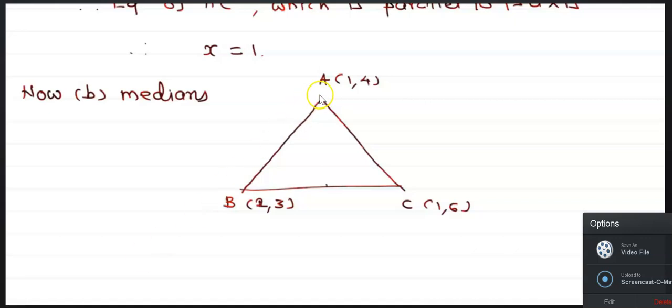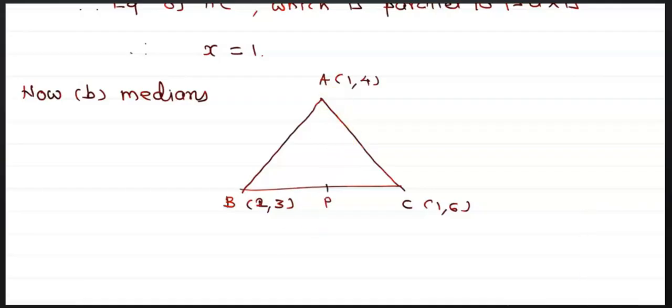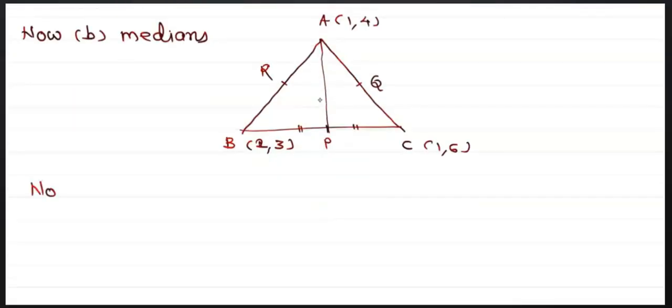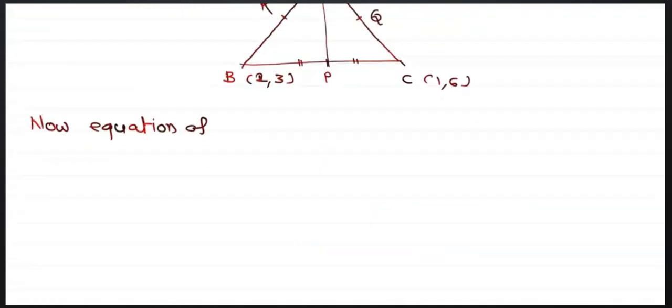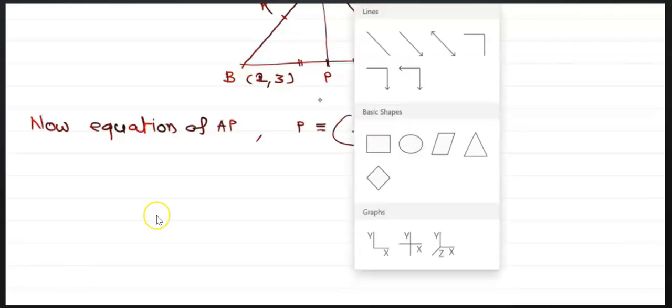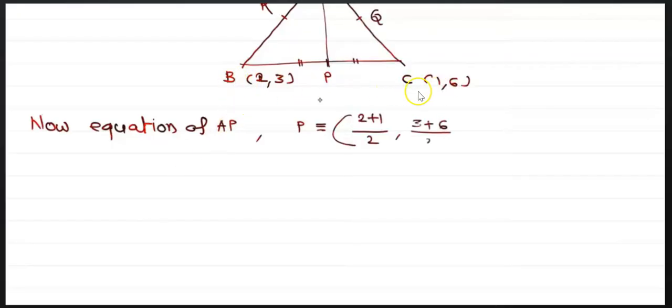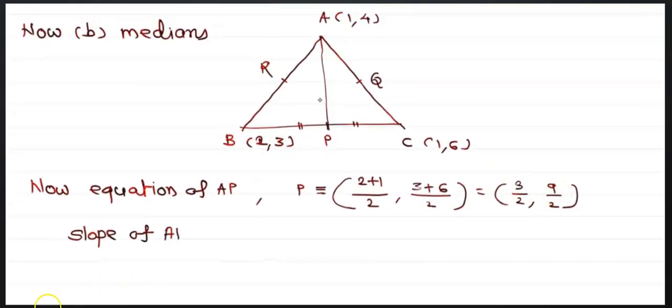Now draw the median from the point A, then find out the midpoint of BC, then form the equation. Let the midpoints be P, Q, R. We will form the equation of AP. First of all I will find out P. P is the midpoint of BC. 2 plus 1 upon 2 and 3 plus 6 upon 2. You will get 3 by 2, 9 by 2.